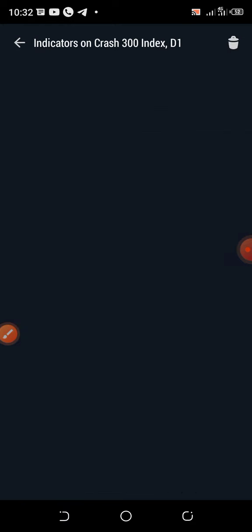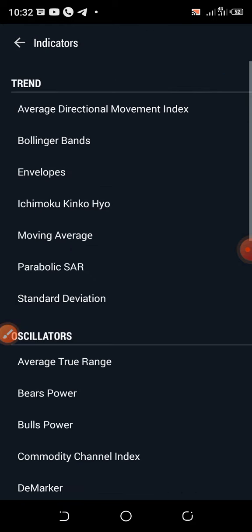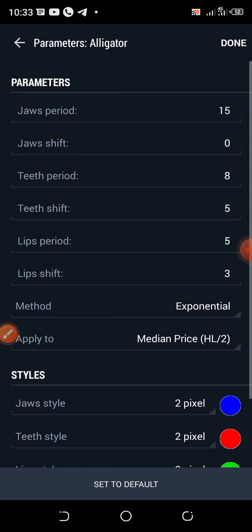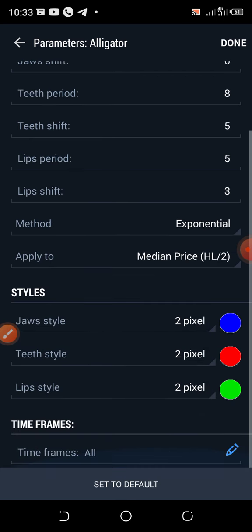So what did we add there? We'll add the alligator. For this alligator, the jaw period is 15, the jaw shift is 0, the teeth period is 8, the teeth shift is 5, the lips period is 5, the lips shift is 3, the method is exponential, applied to median price HL/2, and you make the style to be like this, in this form.